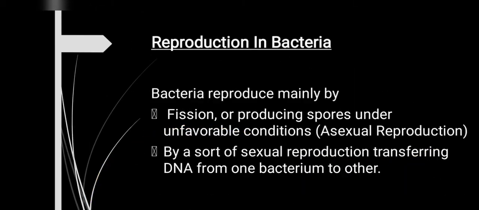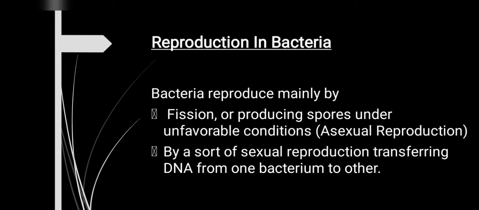Reproduction in bacteria. Bacteria reproduce mainly by fission or by producing spores under unfavorable conditions. This type of reproduction is called asexual reproduction, in which only one parent is involved. So the types of asexual reproduction are fission and production of spores.